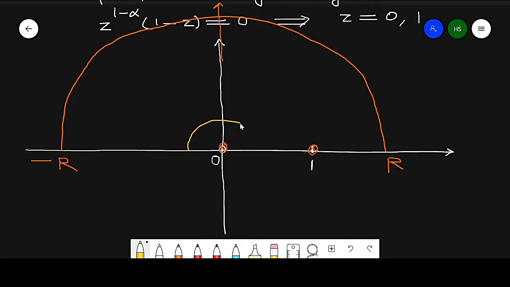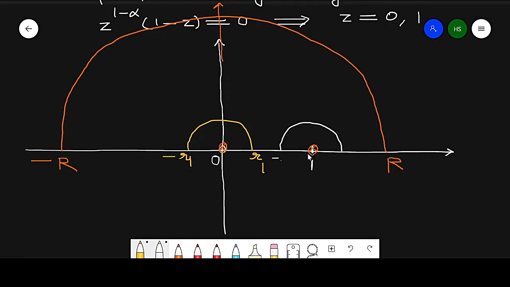I am taking the half circle of radius r1, so this value is minus r1 and this value is r1. And second, I am taking the next half circle of this kind. This point is 1.